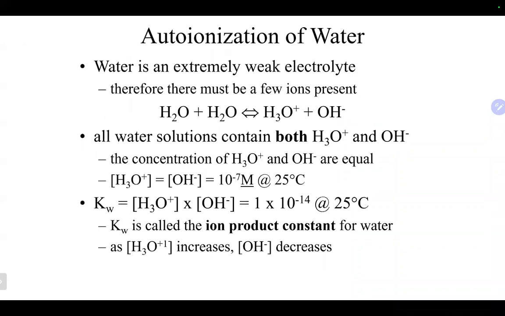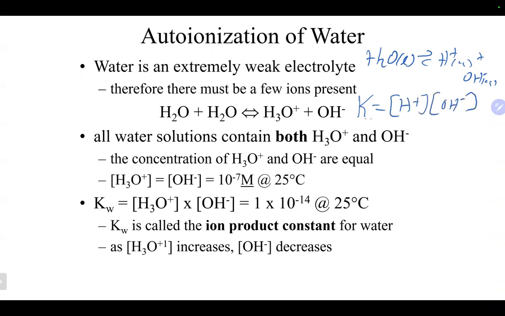And there is an equilibrium that occurs, which is our H2O, our H+, and our OH-. And if you remember from that chapter, we can write an equilibrium constant, which is products over reactants, the concentration of H+ times the concentration of OH-.